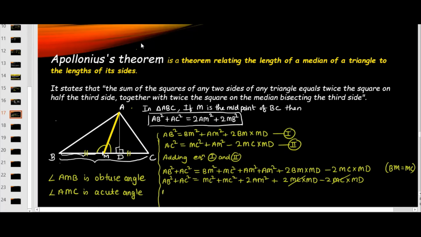And what is left with us finally? AB square plus AC square is equal to 2MC square plus 2AM square. This is a very important formula which we'll be using to solve problems. This is the Apollonius theorem. Already we have proved it here.